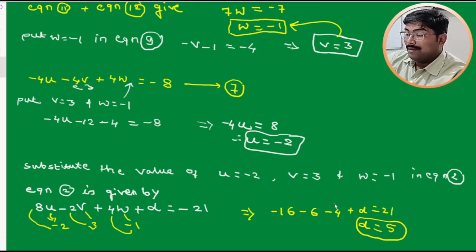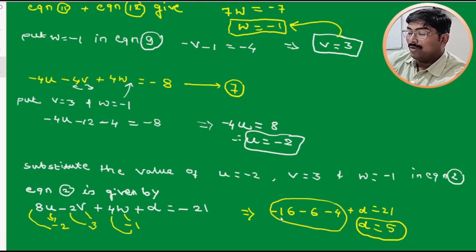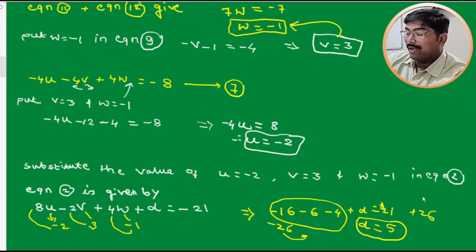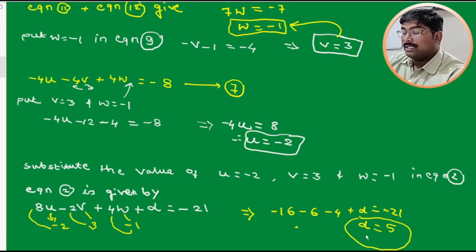That is minus 16 minus 6 and minus 4 is equal to minus 26. You have to transpose to the right hand side, so minus 21 and plus 26 is equal to 5. So on simplifying we got d is equal to 5, u is equal to minus 2, v is equal to 3 and w is equal to minus 1.